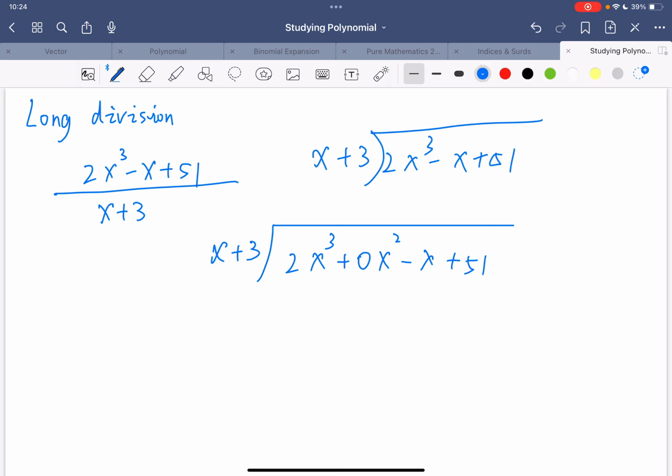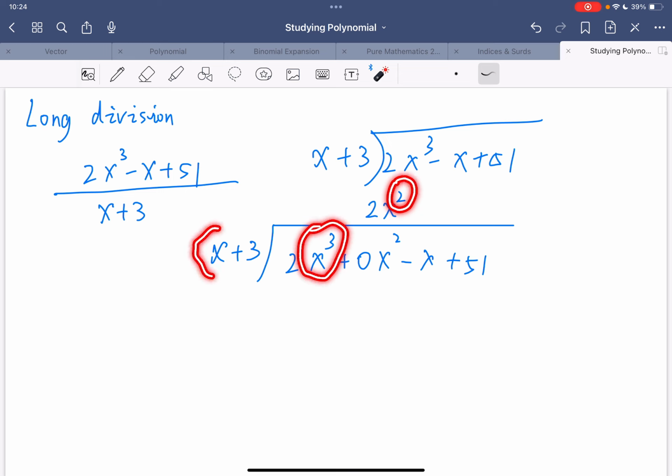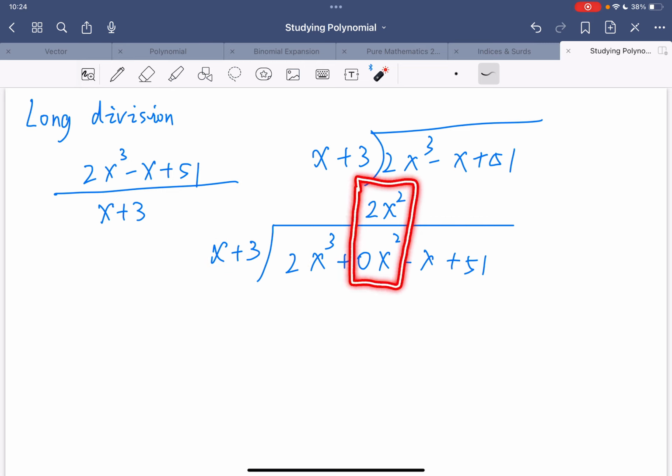So what do we do? We multiply by 2x squared. Why do we write this quotient here? Because we need to match. What we need is x squared, so that it can be x cubed after multiplying this one. And it should be in the place exactly on this one.